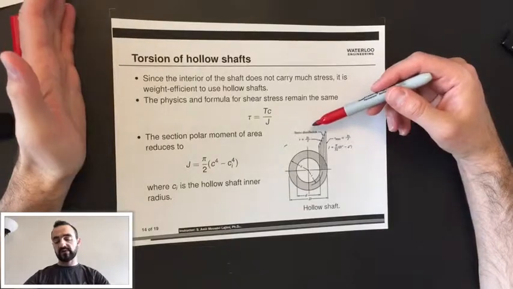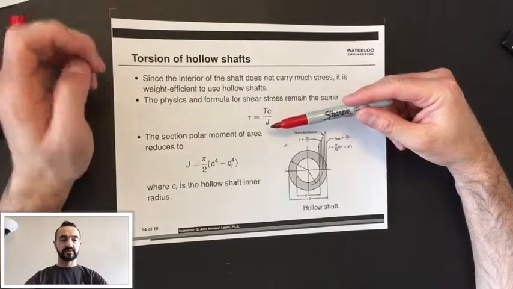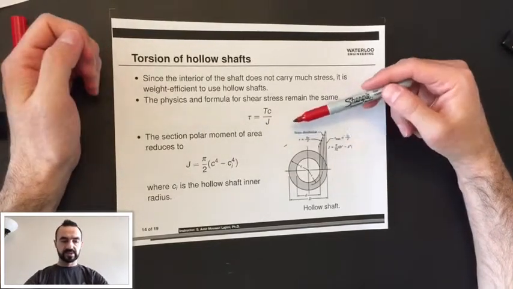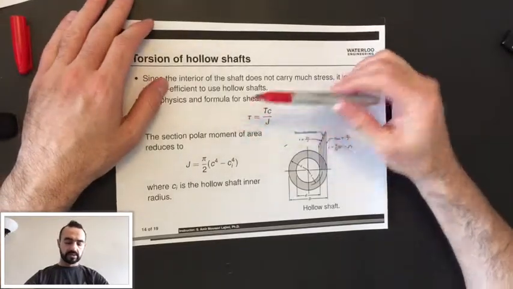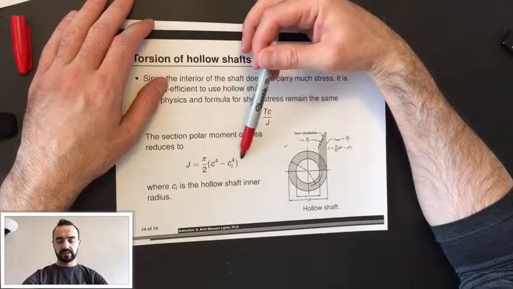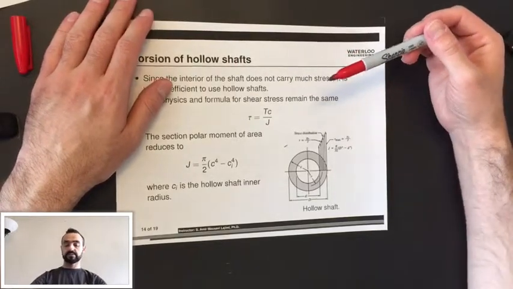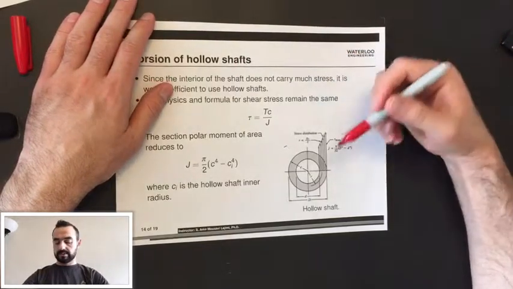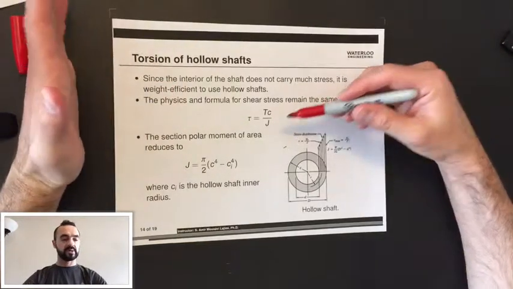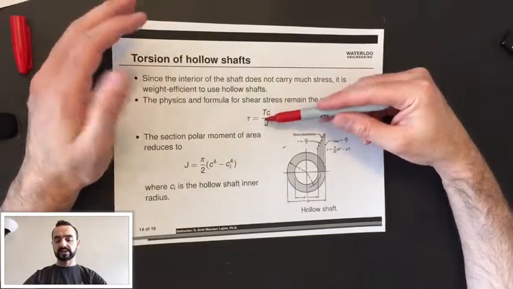If you have a hollow circular shaft, the only difference would be in how you compute J, your section modulus. All you need to do is look at your internal diameter and your external diameter. And then once you have computed J, same as a solid shaft, you can substitute it in this relation to compute shear stress.